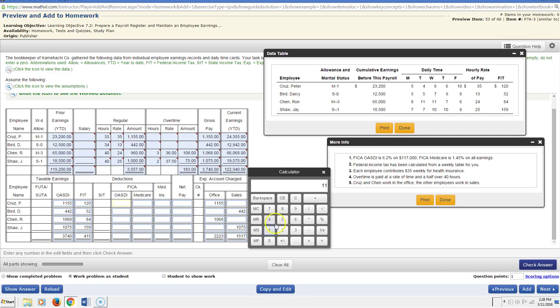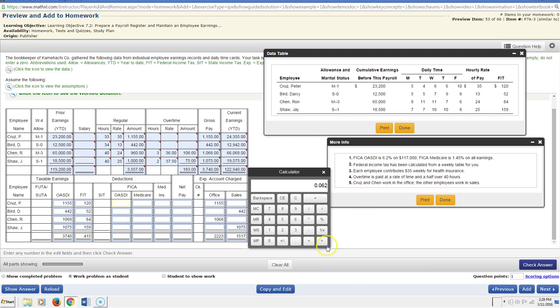So if I put 1155 in there, I'm not sure how this calculator is programmed, but to take 6.2% of a number, I think that's the multiplier, isn't it? So it would be times 0.062.